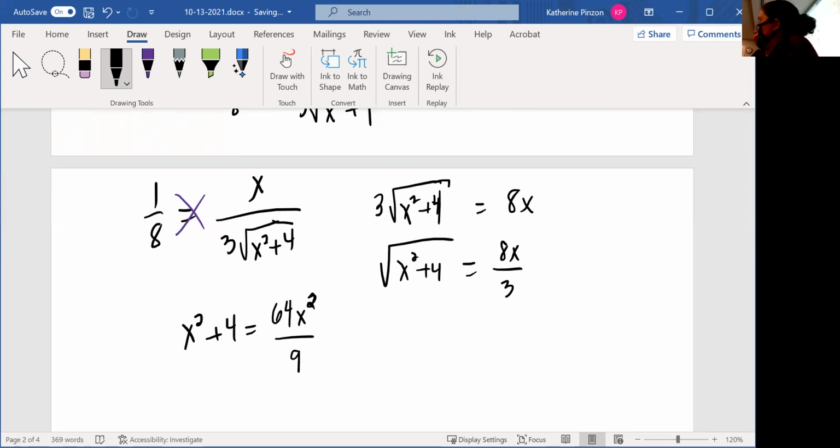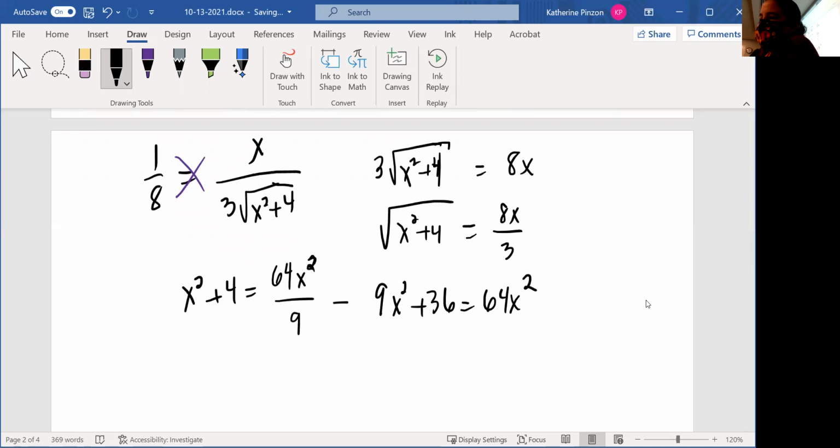Subtract 4. I don't like denominators. I try to never have denominators. I would multiply everybody by 9. 9x squared plus 36 is 64x squared. So I multiplied everybody by 9, so I wouldn't have any more denominators.